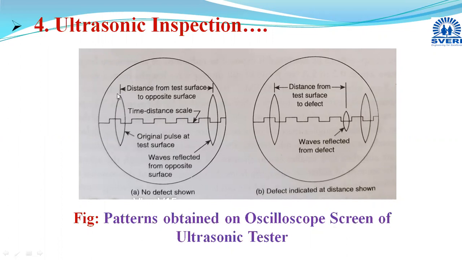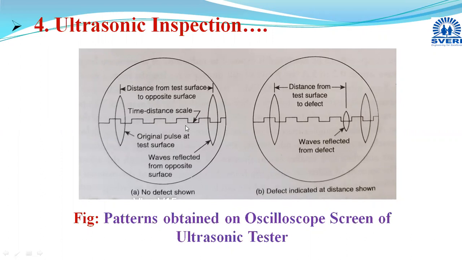This is the first wave, the original pulse at the test surface, and this is the spot for waves reflected from the other surface. Time is calculated, and depending on the time required, we can determine the distance.